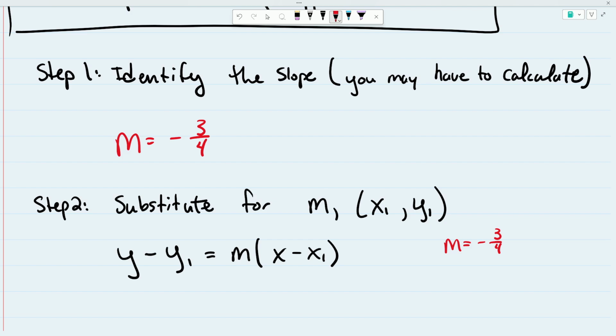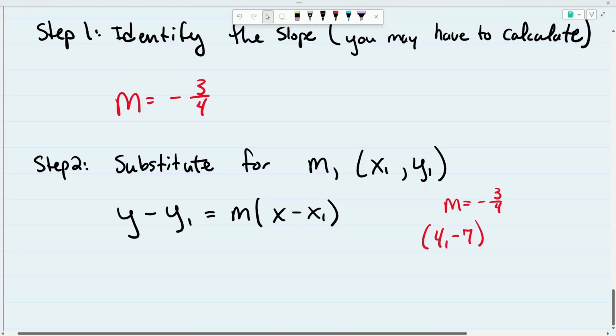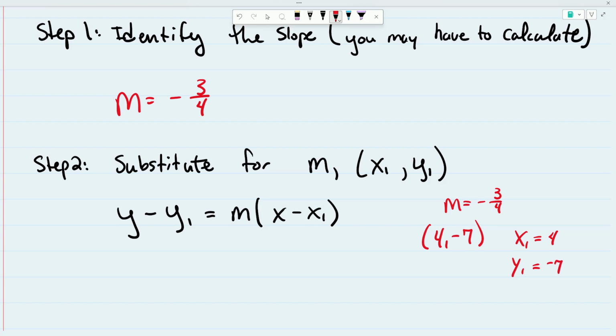Now, they did provide us with a point. That point was (4, -7). I'm going to scroll up just to make sure. Yeah. Okay? So what this implies is x1 is equal to 4 and y1 is equal to -7.